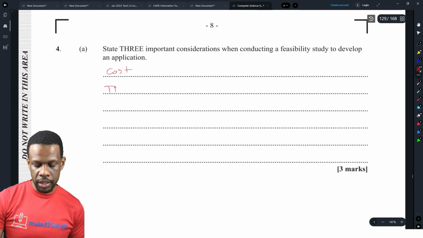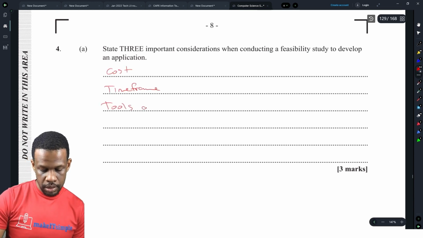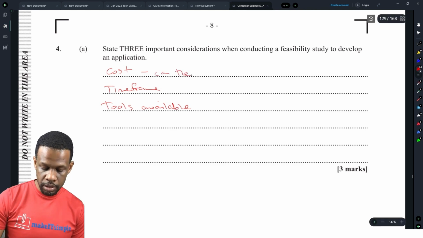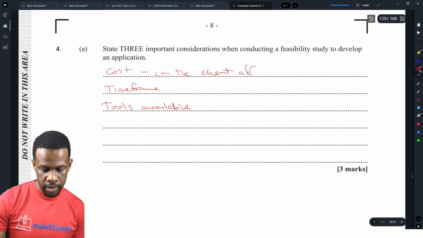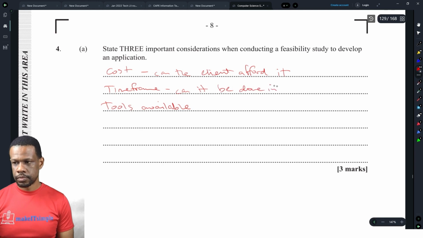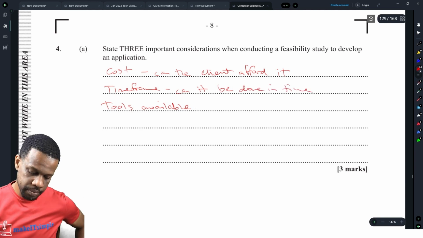Time frame would be, can it be done in time? Tools available would be, do we have the tools to build it? Yeah, that should be cool. Yeah, should be okay with that.